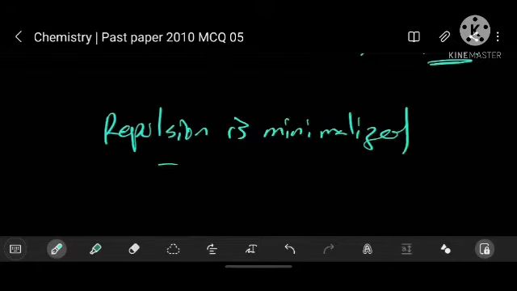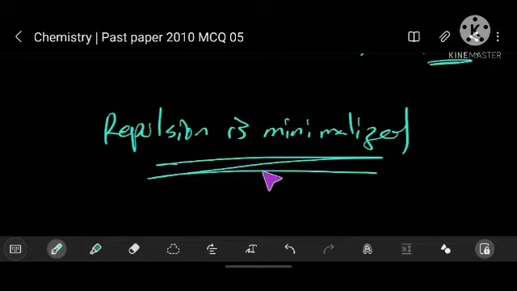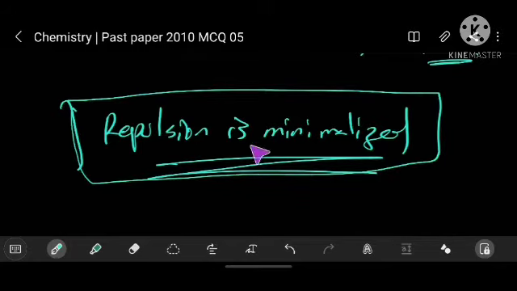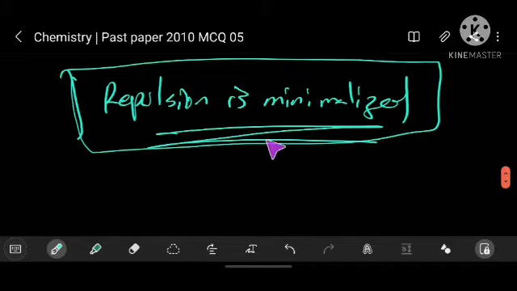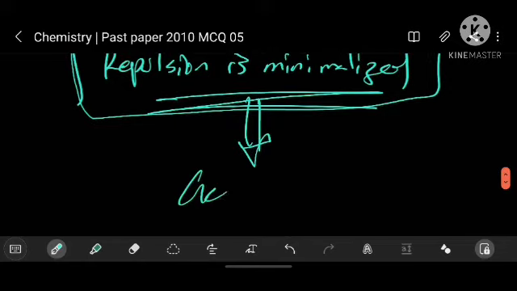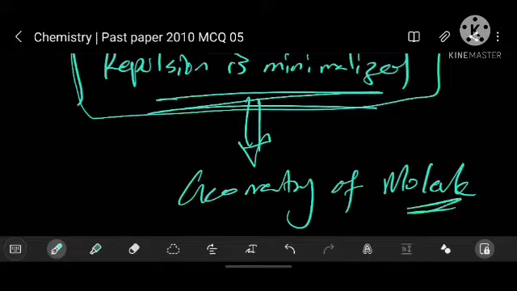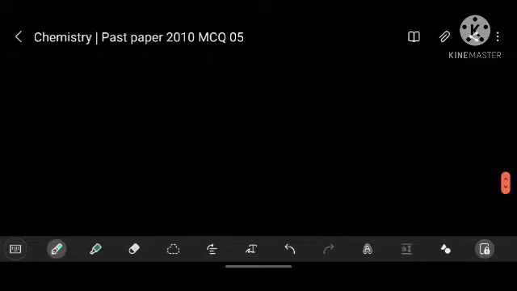This arrangement of the atoms determines the geometry of the resulting molecule. So now you can understand that there is some kind of repulsion between electron pairs.